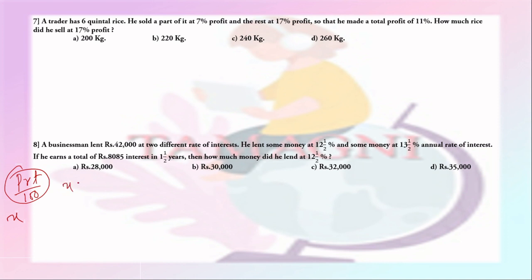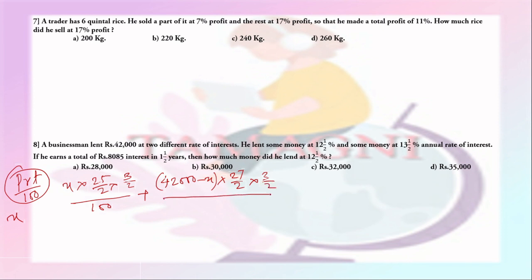be x into r, that is 12.5, that is 25 by 2, into t, that is 1.5 years, which is 3 by 2, by 100, plus the rest money will be 42,000 minus x, into r, 13.5%, that is 27 by 2, into 3 by 2 by 100, which will be equal to 8,085.